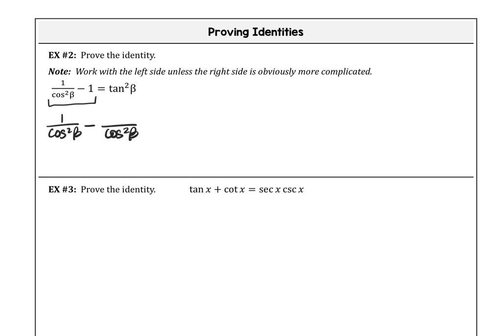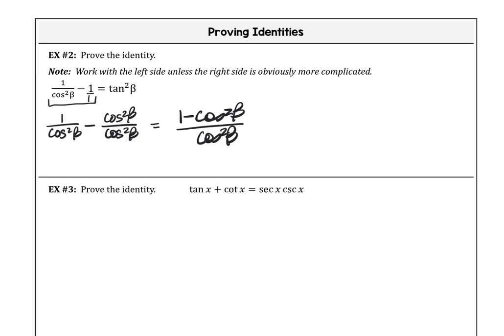Notice the first fraction stays the same. For the second fraction, I had to multiply the denominator by cosine squared, so I multiply the numerator by cosine squared. That would give me 1 minus cosine squared beta over our common denominator.